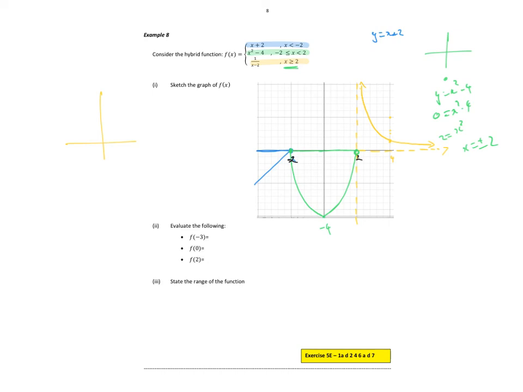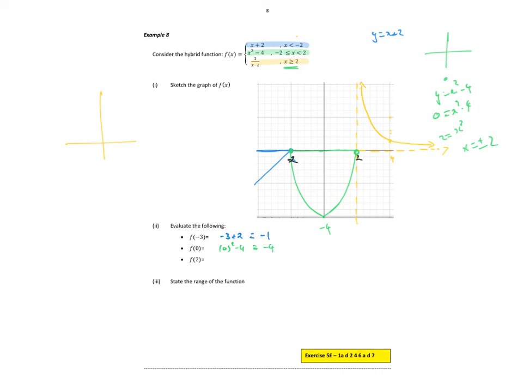All right, sketch the graph of f of x. We've done that. Evaluate the following. F of -3. So -3 is in the first section, the blue section. So f of -3 is equal to -3 plus 2, which equals -1. Substitute it into the right section. 0. For which section does 0 fit? 0 fits into the green section. So f of 0 is equal to 0 squared minus 4, which equals -4.